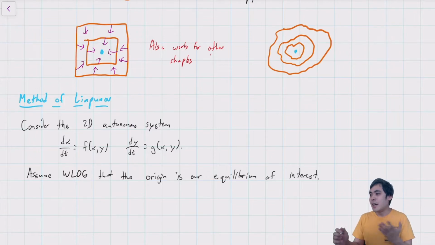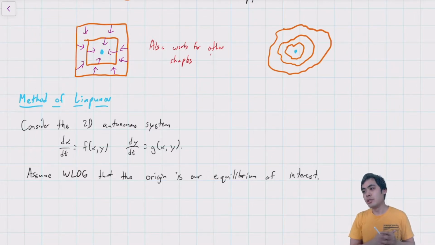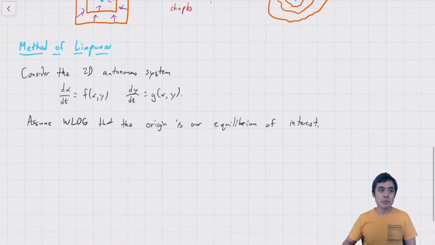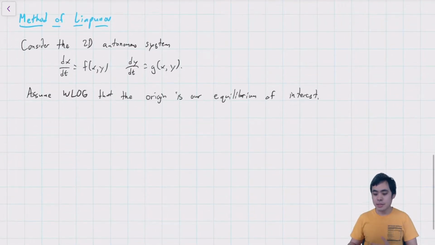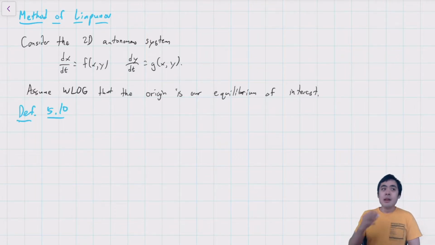So if it's not, you can just translate the entire system so that whatever equilibrium you want is at the origin. It really doesn't matter, but it makes our analysis and our definitions a little bit easier. So let's go ahead, and this is definition 5.10. What we're going to have to do is define something called a positive definite function.